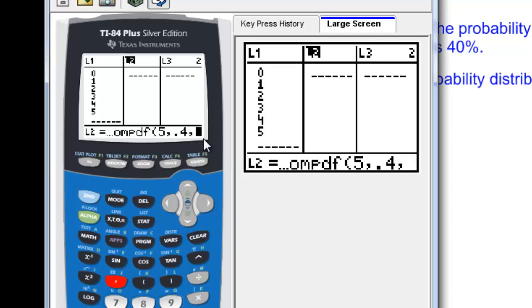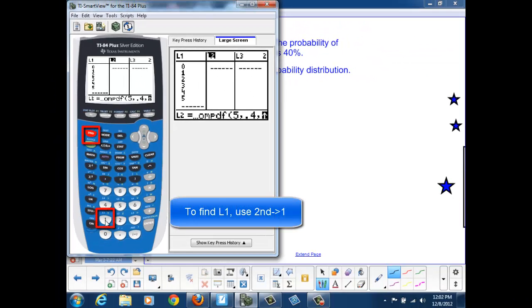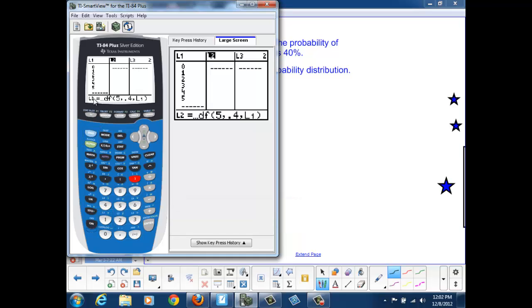Now here, for the last term, instead of putting a specific value, I'm going to tell the command to look over into the corresponding row in L1. So I need the L1 notation, which is second 1. If I close that off, notice that this is all happening above the column in L2, or list 2.